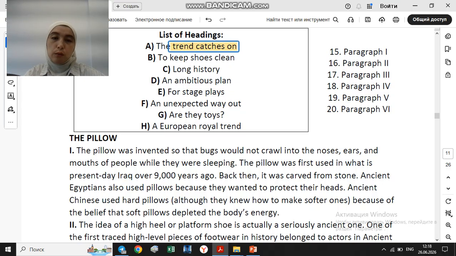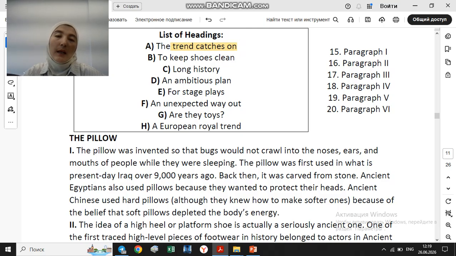So the paragraph must be about trend and catch on. Catch means to hold or to keep something, but when it is used with on, it gives some other meaning.